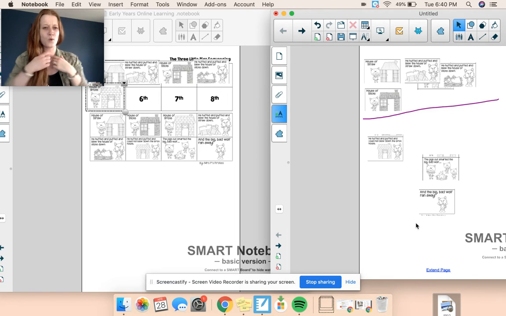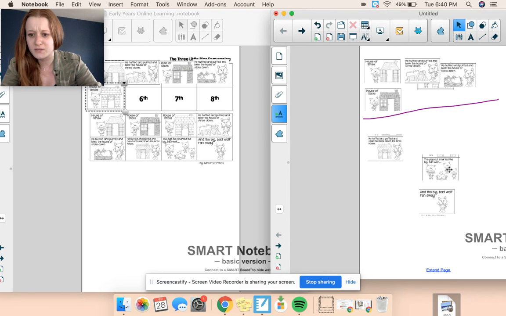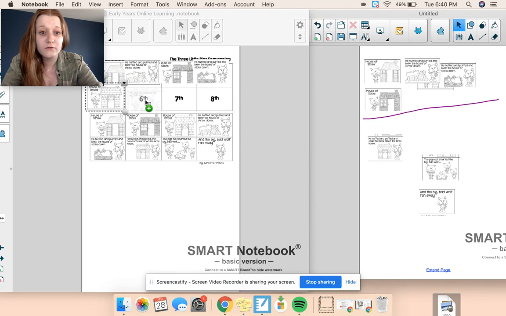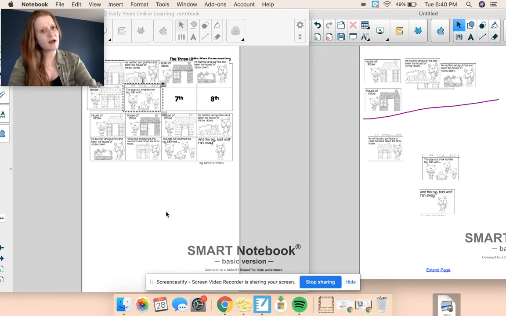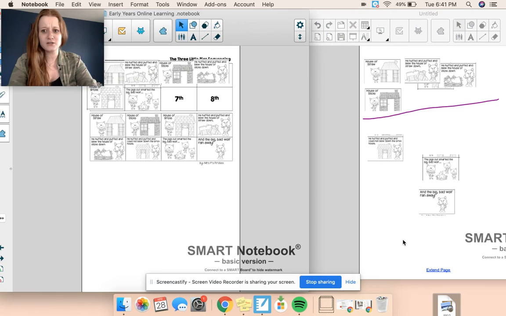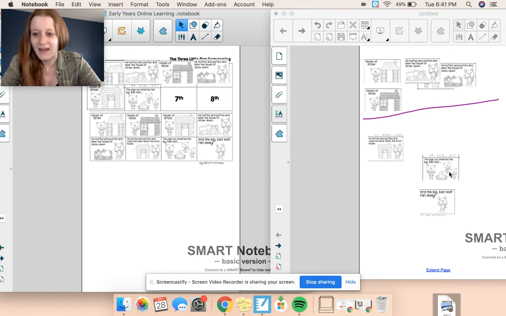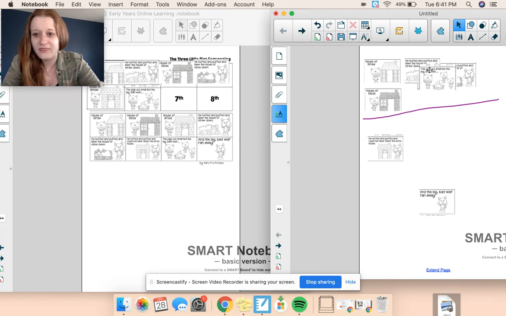So they thought, we are smarter than Mr. Wolf. So we need to find the piece that says the pigs outsmarted the Big Bad Wolf. How did they outsmart the Big Bad Wolf? What did they do? They went to the house of bricks. So we will add that.